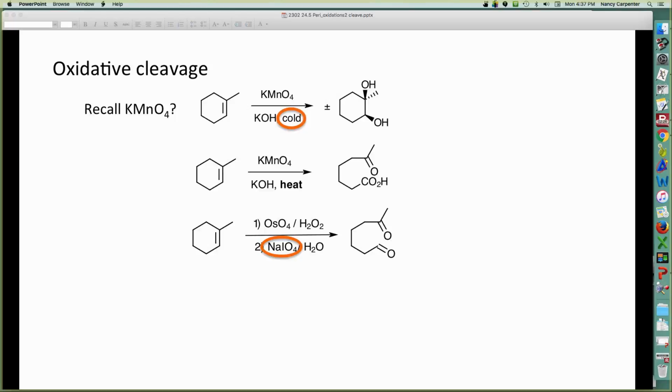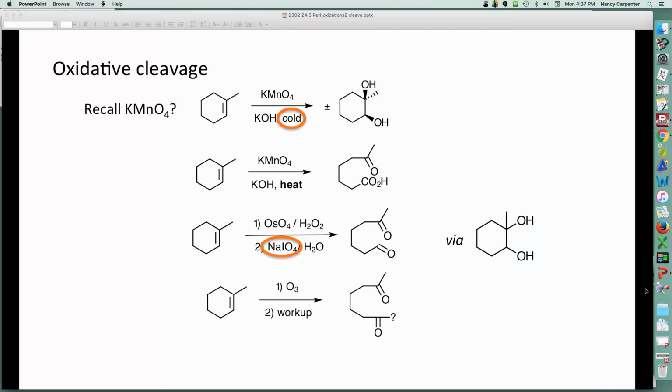And what we want to point out right here is, whereas hot permanganate gives you the carboxylic acid, this osmium tetroxide sodium periodate combination gives you the aldehyde. And I should point out that we aren't pulling any fast ones on you. The osmium tetroxide does give you the syn diol. It's just that the sodium periodate then reacts with the diol to do the cleavage reaction.